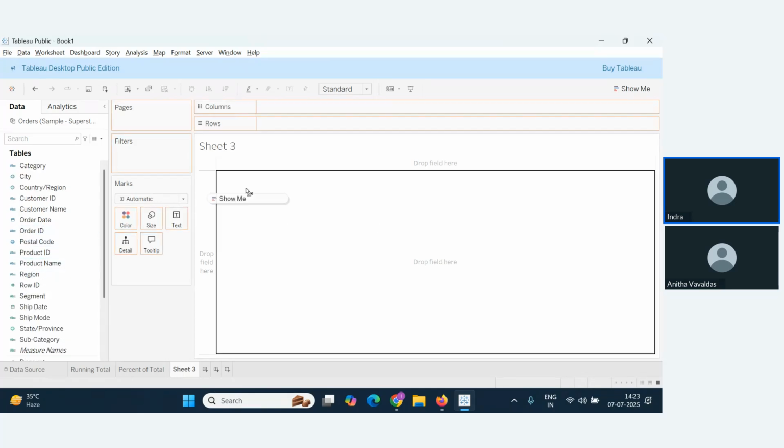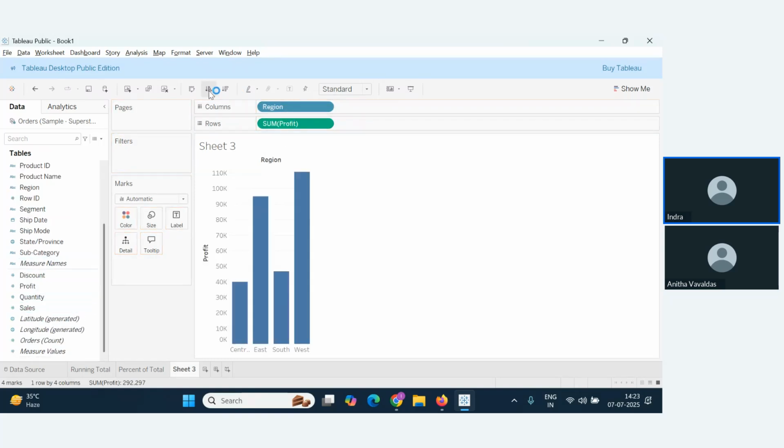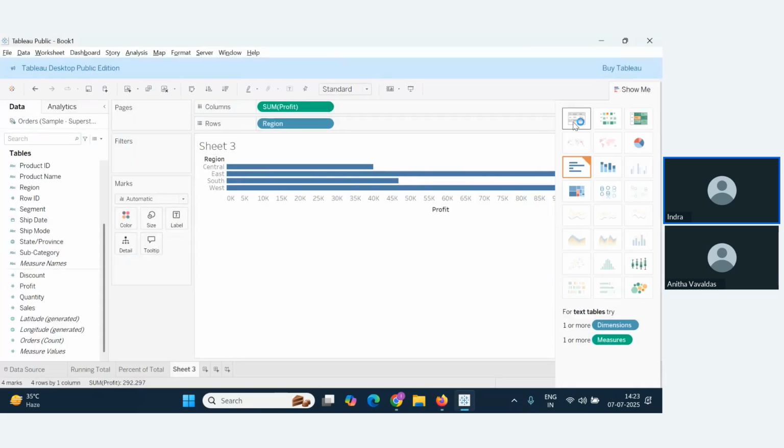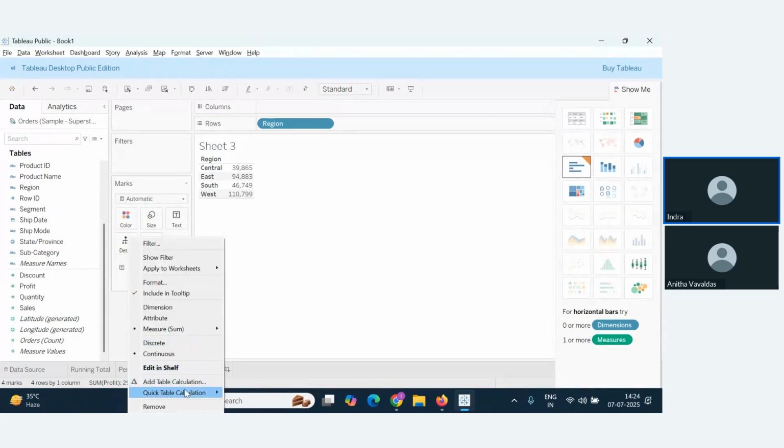Let me try some more. Let's say I have region and I have profit. Let me swap it. Let's select table. So this is the region-wise profit. I want to get the percentage contribution, so I'll select quick table calculation and select percentage.